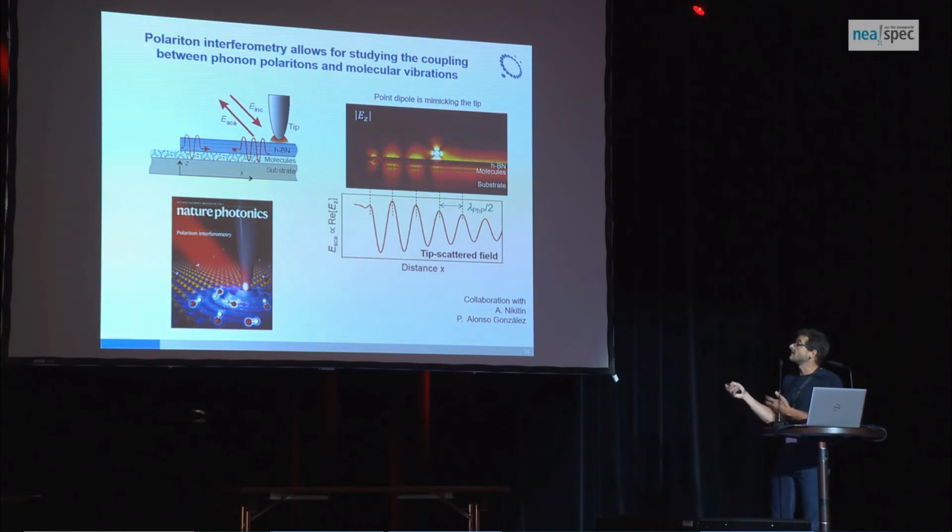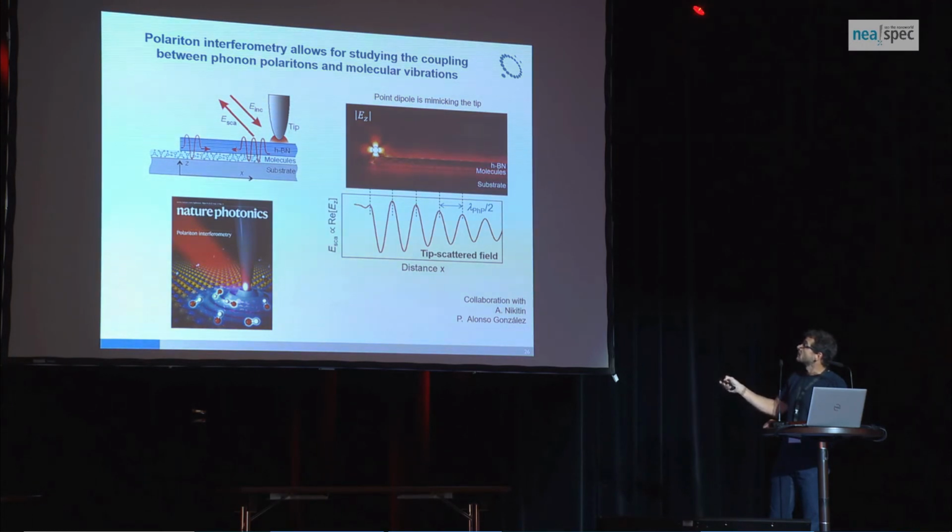We just want to see how this interaction works. And we use polariton interferometry for this, where we place the hBN on top of molecules that have molecular vibrations in the mid-infrared. That's a simulation that mimics the tip as a point dipole, and this tip is scanned here. What we see is that this dipole excites a wave. This wave propagates along the slab until the edge here, and then it propagates back, and then we get these interference fringes, right?